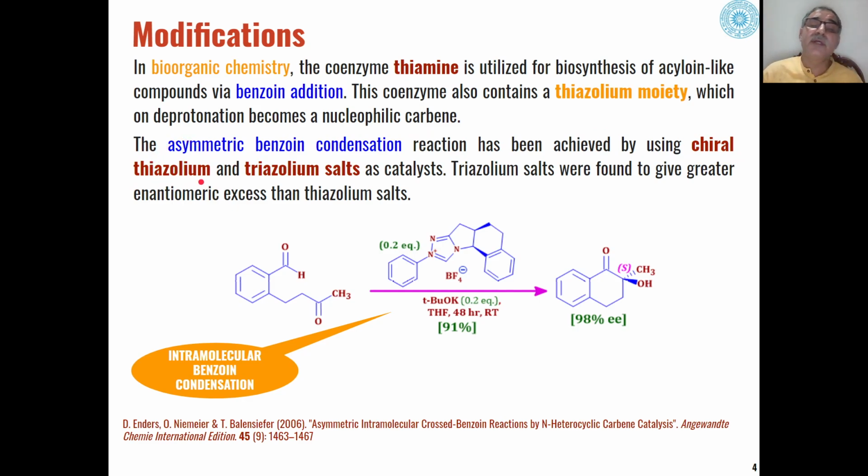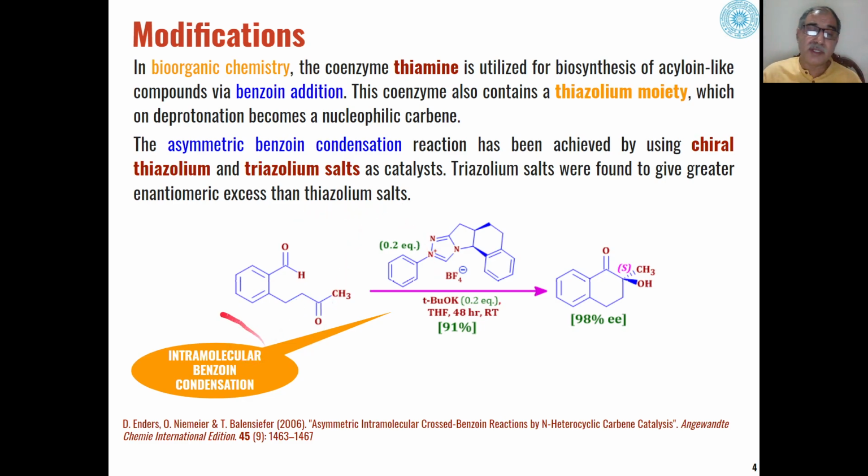And later on, these chiral thiazolium ions led to the development of triazolium salts as catalysts, and it was found that in case of asymmetric benzoin condensation, even these triazolium salts are better than the chiral thiazolium salts. So these triazolium salts gave greater enantiomeric excess in case of benzoin condensation products in comparison to thiazolium salts.